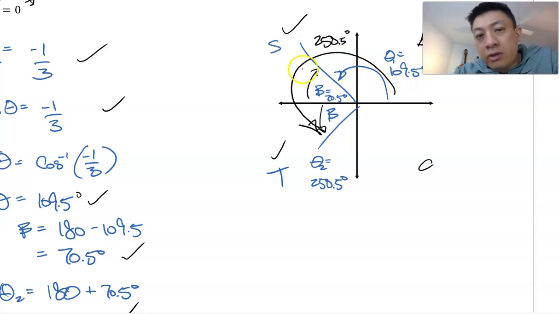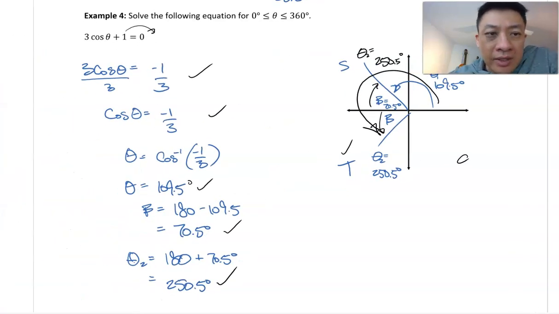So I have two angles here. I got theta 1 and theta 2, because there's two angles that'll give you that same equation, where cos theta ends up being negative 1/3. Okay, so there's two possible angles.